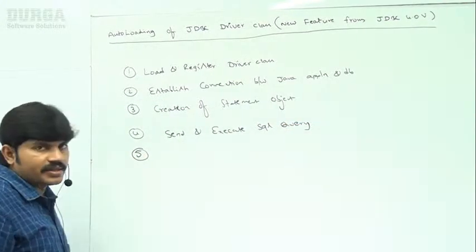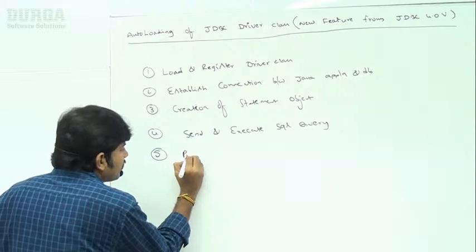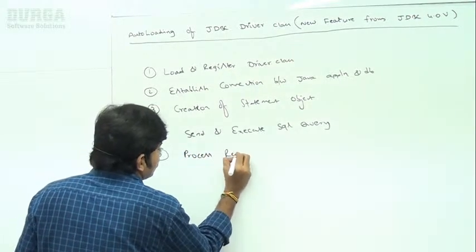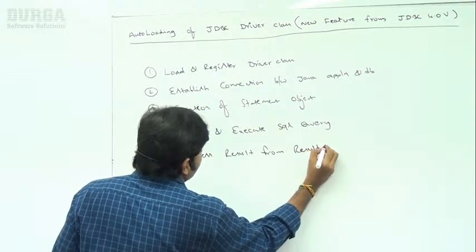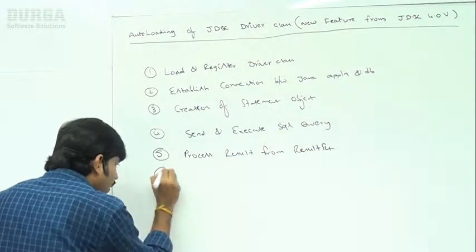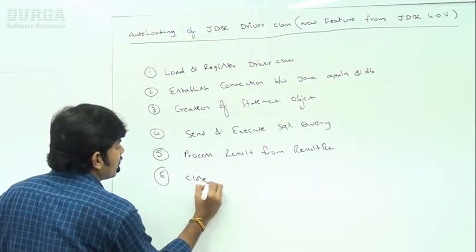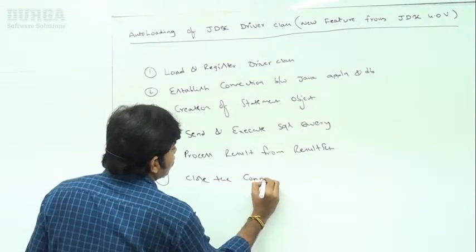Now you will get the result set. Process result from result set. Next, the last one, close the connection. That's all.